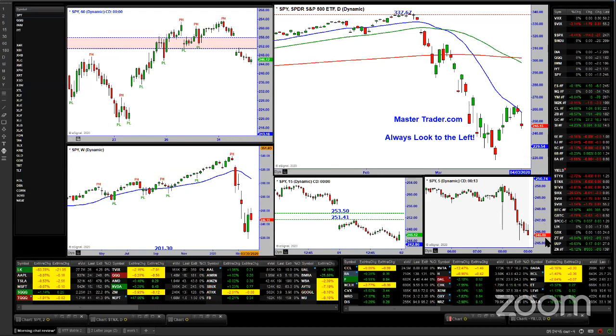So pushing down through 246, we're starting to push down below yesterday's low, and there's really nothing much to stop it from going down.